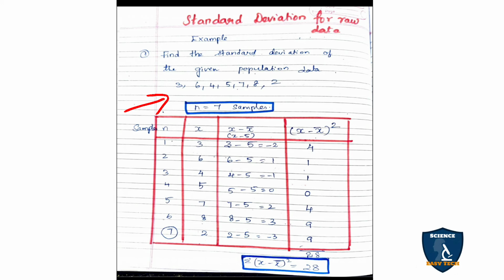First value 3: 3 minus 5 is equal to minus 2. Second value 6 minus 5 is equal to 1. Next 4 minus 5 is equal to minus 1. Fourth value 5 minus 5 is equal to 0. Fifth value 7 minus 5 is equal to 2. Sixth value 8 minus 5 is equal to 3. Seventh value 2 minus 5 is equal to minus 3.